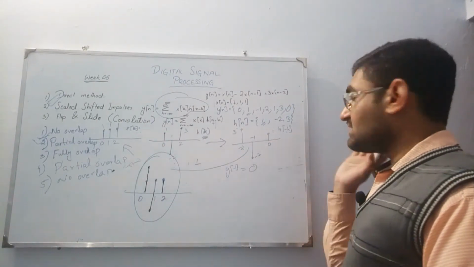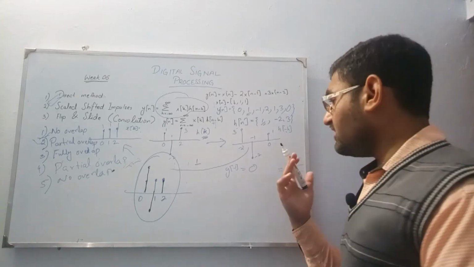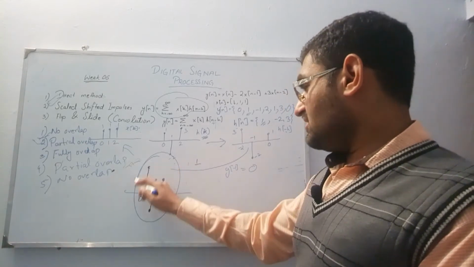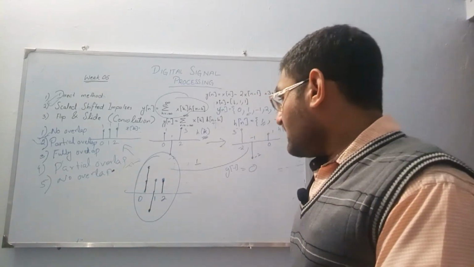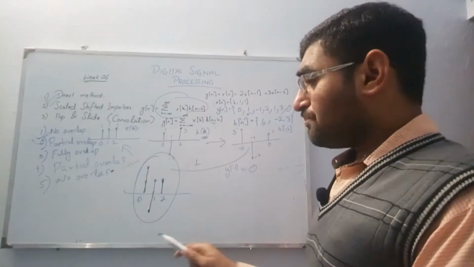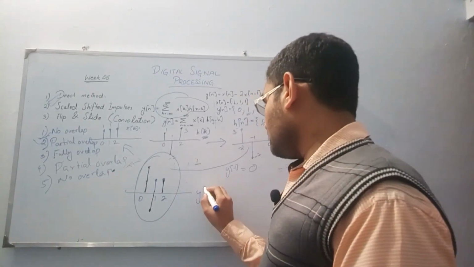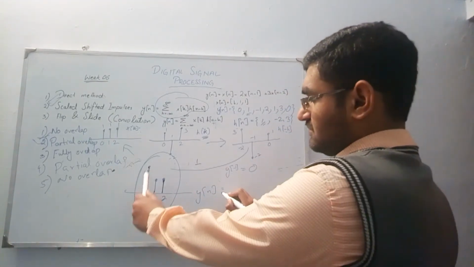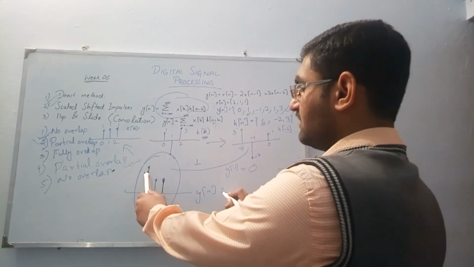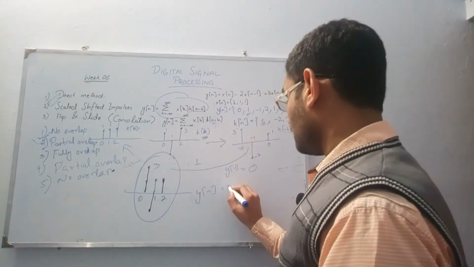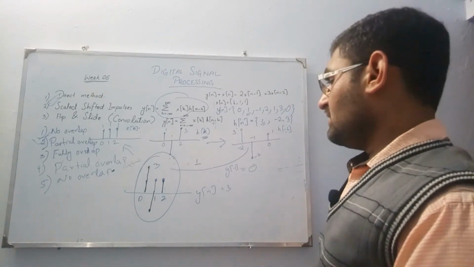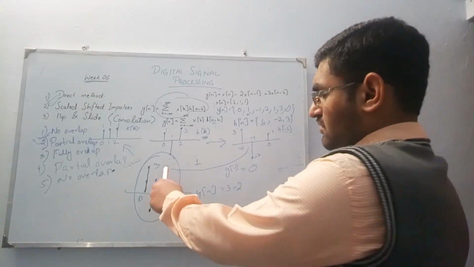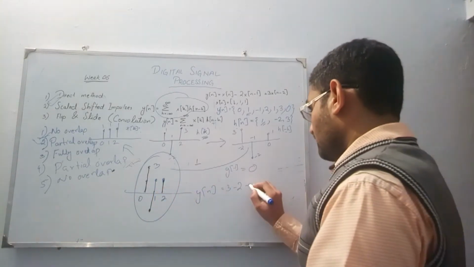When we slide this H of k towards our right side, there will be a stage when these samples will overlap. So what will be the Y of n at this stage? 1 multiplied by 3, 1 multiplied by minus 2, 1 multiplied by 1.